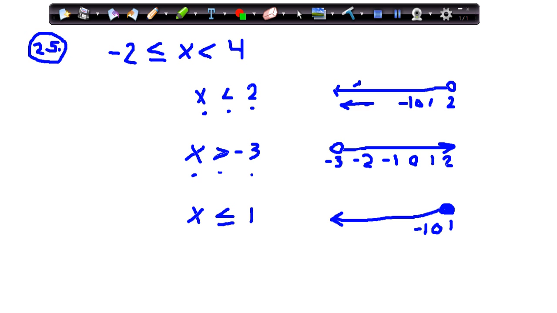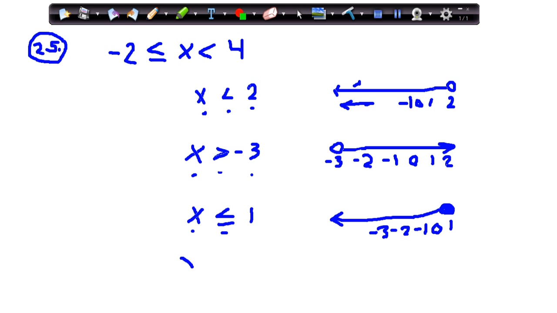And so on and so on, right? -2 is less than 1. -3 is less than 1. That's what it says. Whatever x is, it's less than or equal to 1. And that's why you see a closed dot. Okay, let's look at the next one.